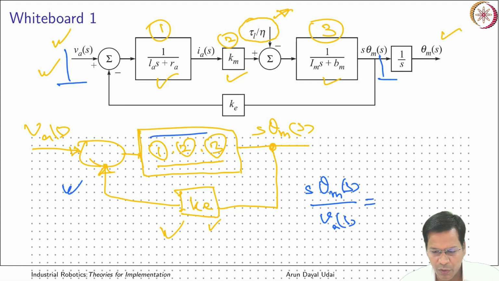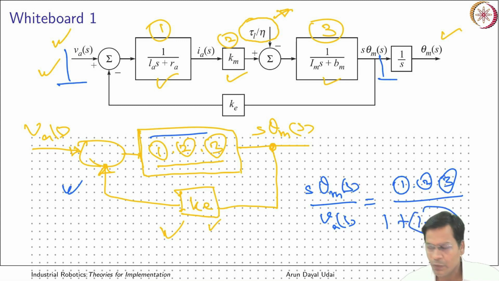So it is the product of all these three, 1 into 2 into the third term, divided by 1 plus 1 into 2 into 3 into K_E. Got it?